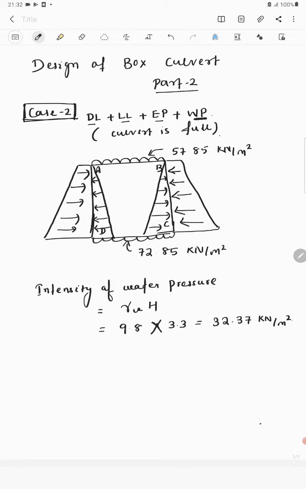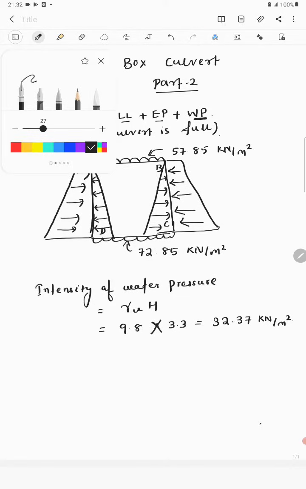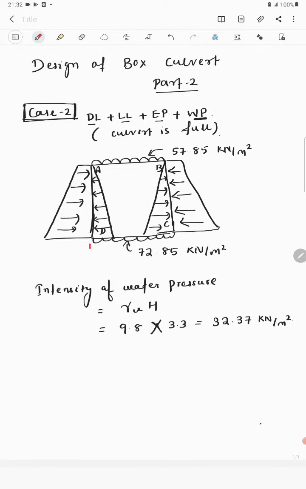Here this is 32.37 kilonewton per meter square, and this one we have calculated. This part is 16.28 and this part is 20.